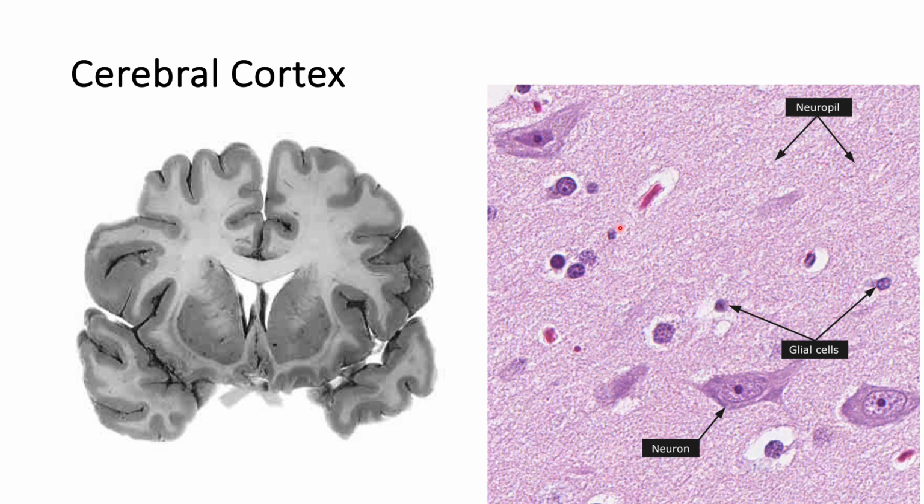So all I want you to appreciate most is how to identify neurons. That is the white matter and gray matter. That is the internal capsule, thalamus, also situated there.